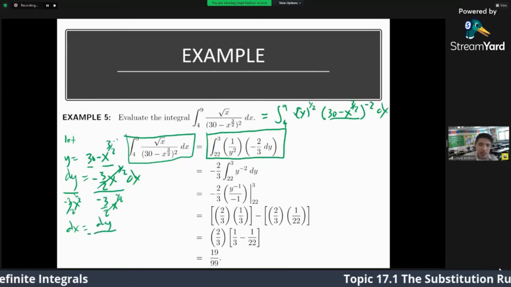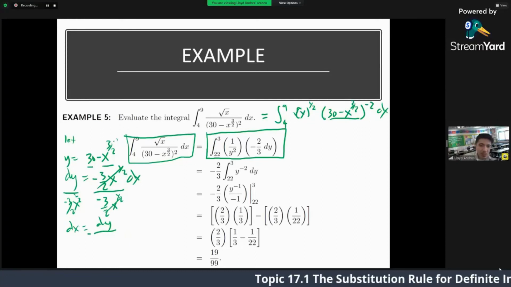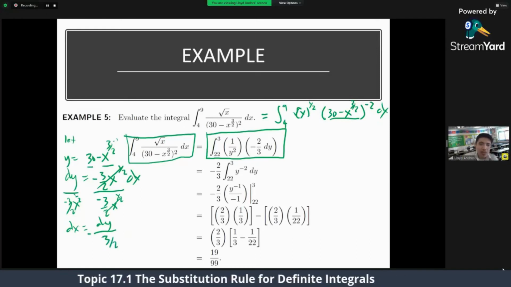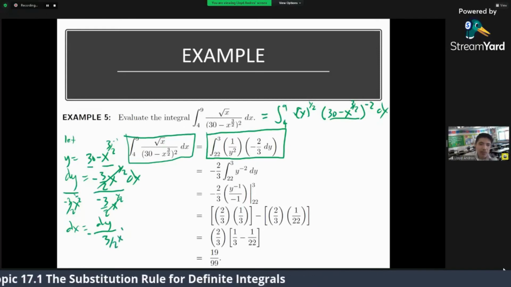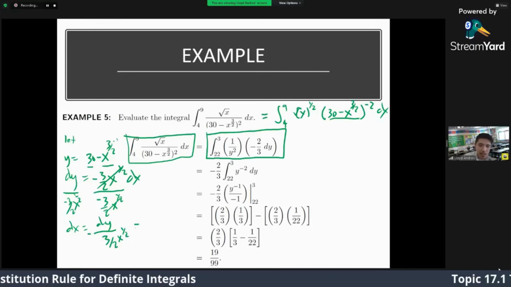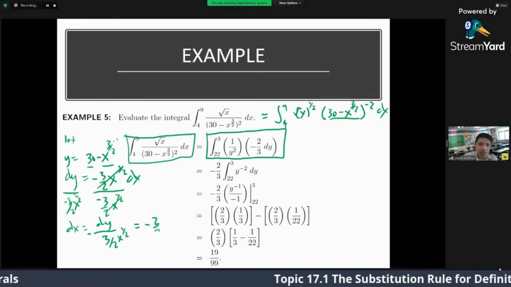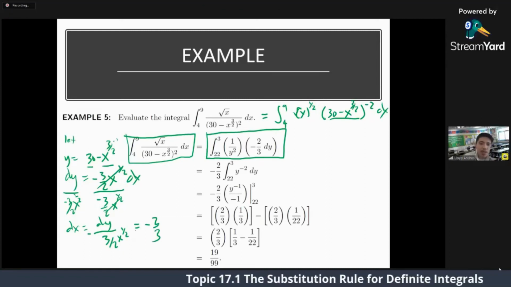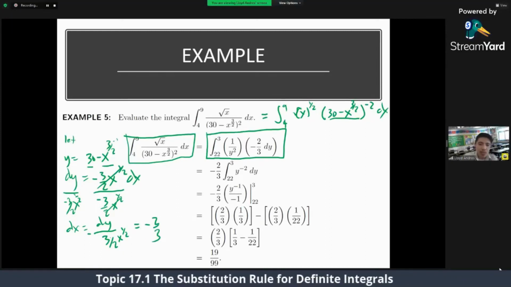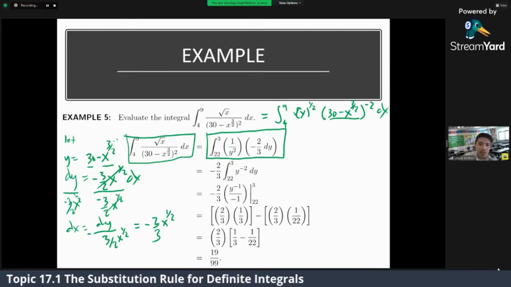Ang 3/2 na to sa baba no. 3/2 x raised to 1/2. Pwede na ni ma-simplify. Ang 3/2, mo na siya 2/3. Kaya denominator man siya, mo na ito reciprocal. Tapos x raised to 1/2 dy.